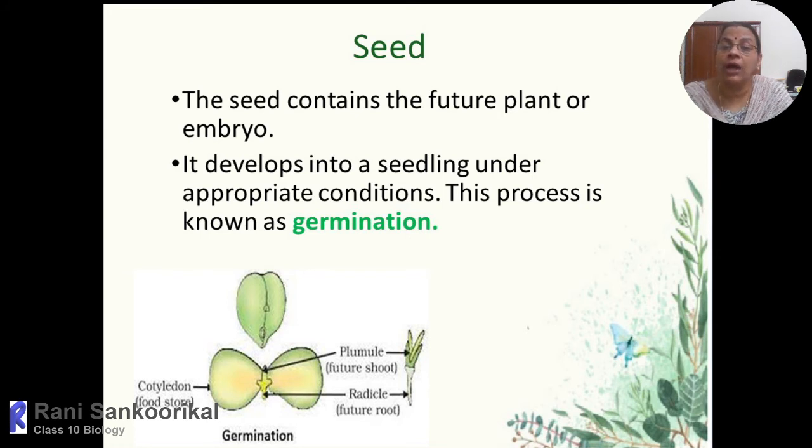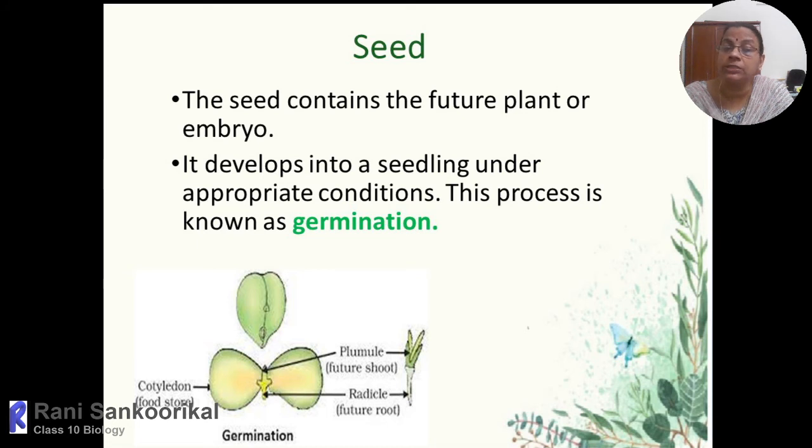After one night, we can keep it on moist cotton, and after one day you can see the seed coat will break, and the seed will germinate out. In that, very clearly you can see the embryo inside the cotyledon.